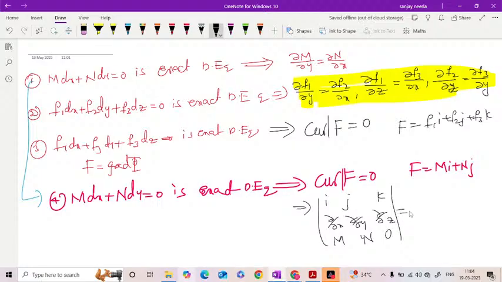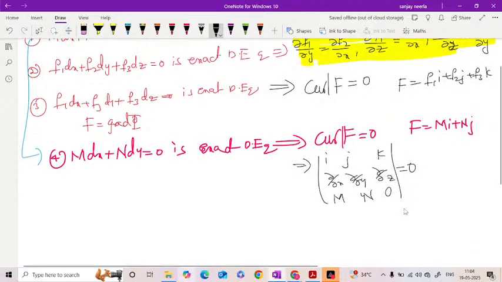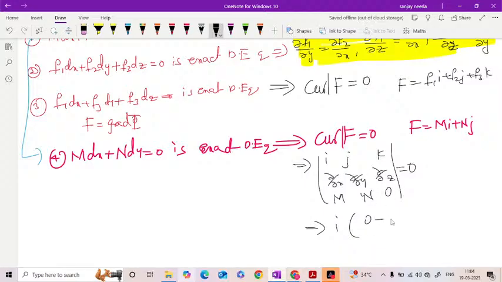Okay, assume the i component is 0. Here m and n are both functions of x only, so 0 minus j times 0, and m is only a function of x and y, so this is also 0, plus k into (∂n/∂x minus ∂m/∂y) equals 0.